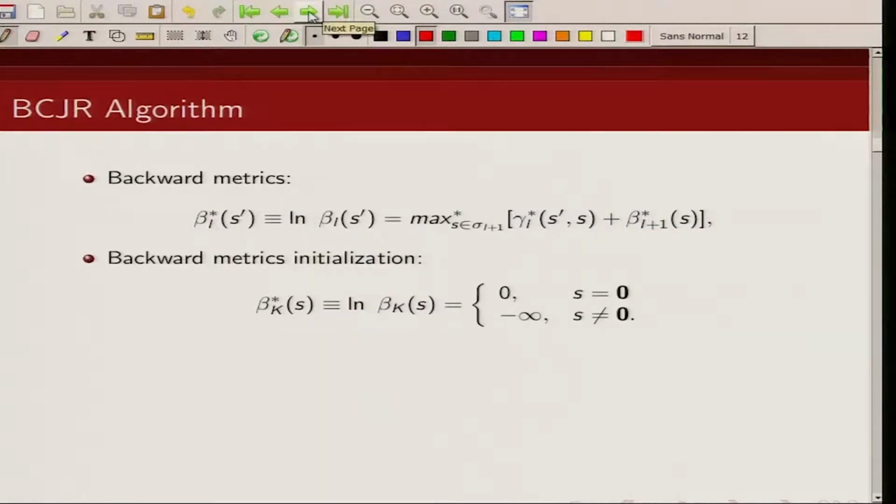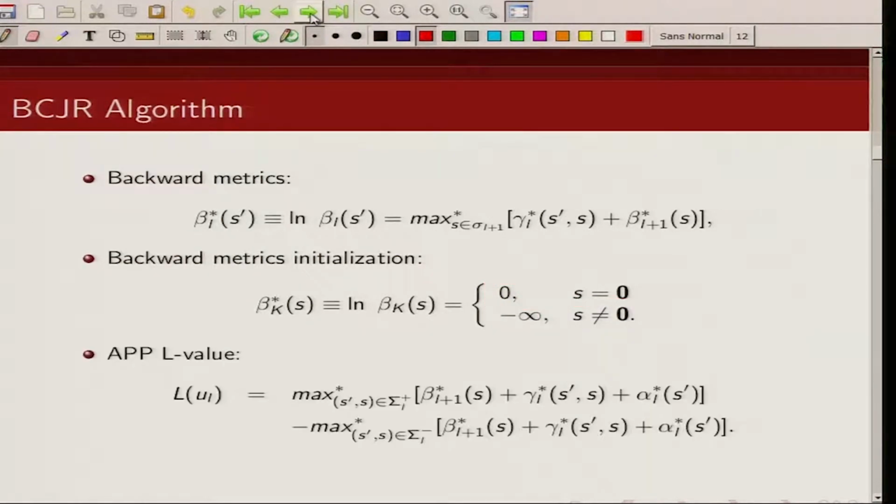And similar to alpha initialization, if we are terminating our convolutional encoder, then beta k at s equal to 0 will be 0, and for all other states it will be minus infinity. And of course, if we are not terminating it, then its probability of being any state is basically the same.